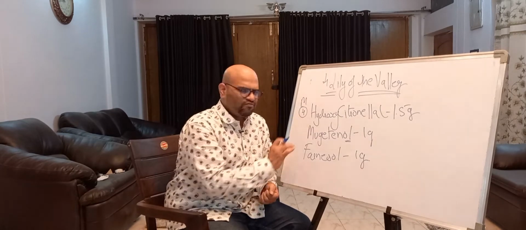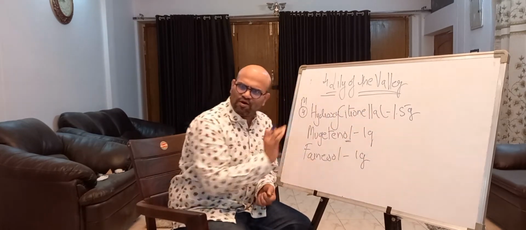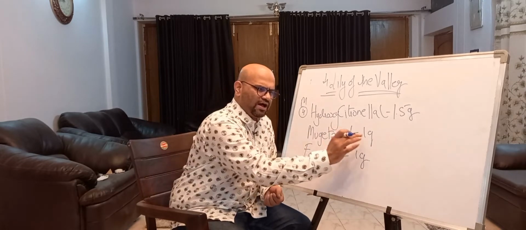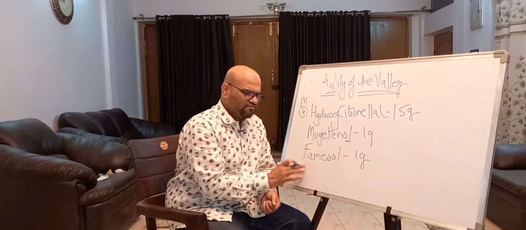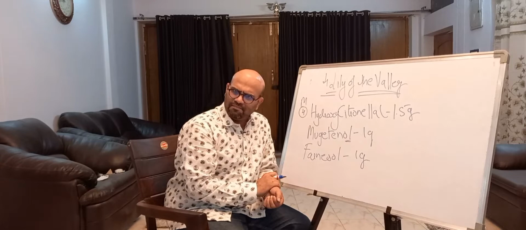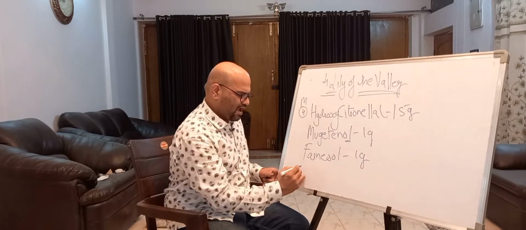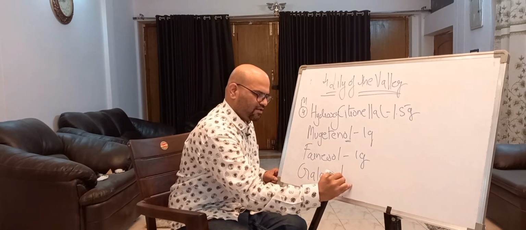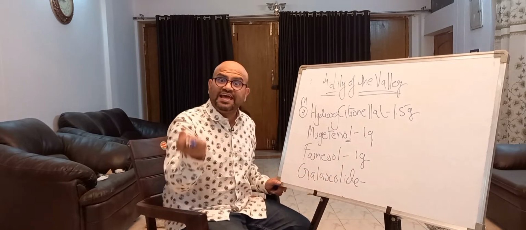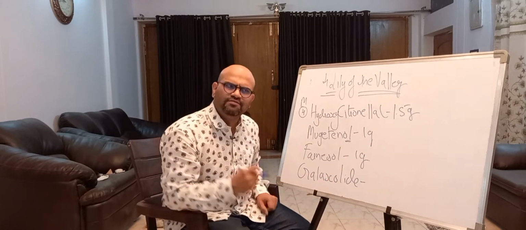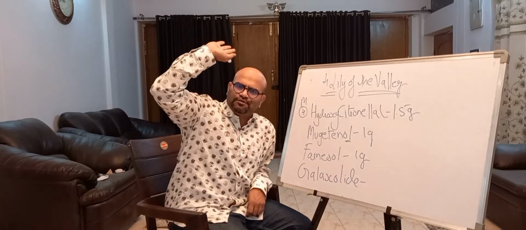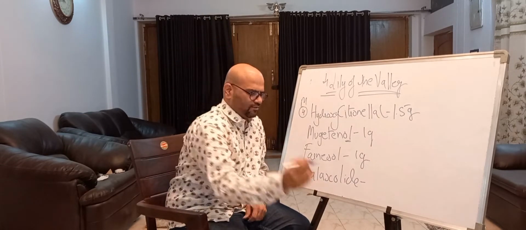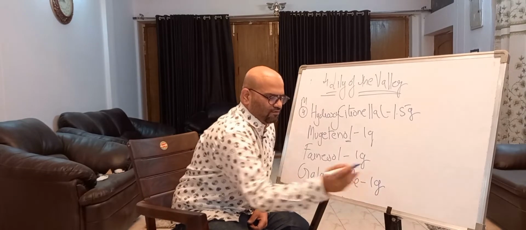So in M4, we have hydroxycitronellal again 1.5 grams, muguetanol again 1 gram, farnesol again 1 gram, and galaxolite, one of the most traditional musks used in modern perfumery, 1 gram.